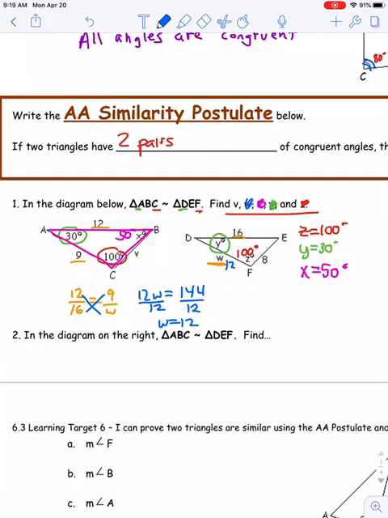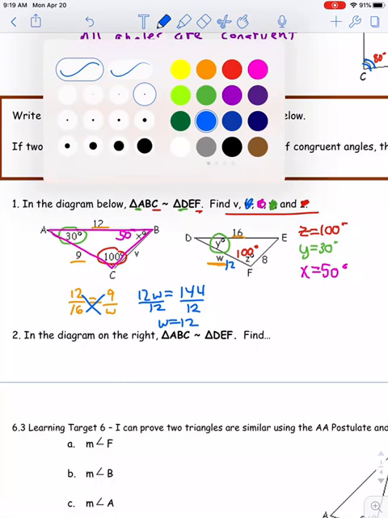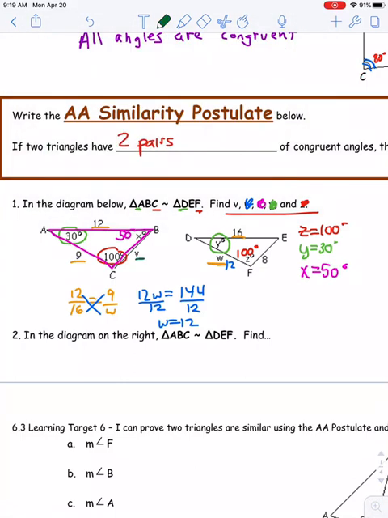And then we got to solve for the last letter, V. And again, there's a bunch of ways you can set these proportions. I'm going to set this one up slightly different. I'm going to just do 12 over V, the top side on the left. Well, then that's going to equal 16 over 8.